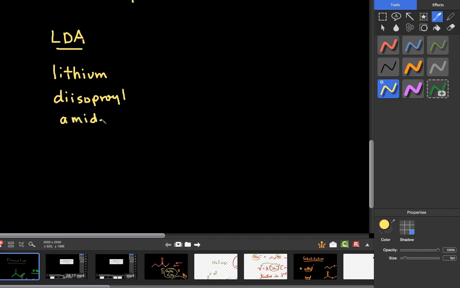Lithium diisopropyl amide. Its structure has a nitrogen atom only making 2 bonds, so it's negatively charged. It does make 2 bonds to isopropyl groups. This is a classic base to form enolates, which are reactions we talk about in second semester organic.